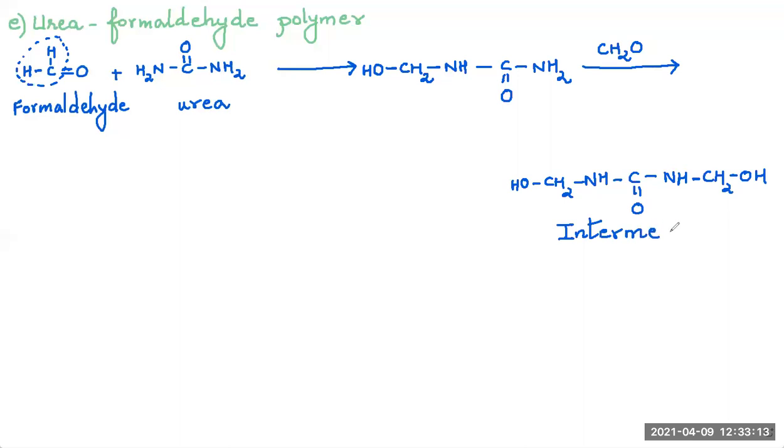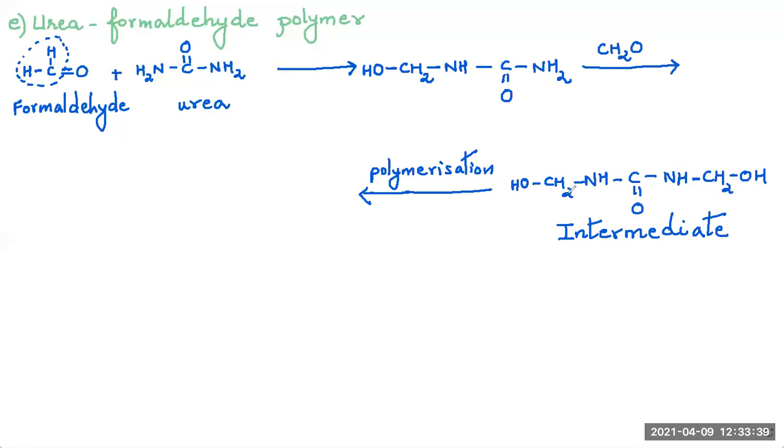Now, a polymer will not have one or two molecules, but it will have many molecules. So when we take n number of these molecules and we polymerize, then after polymerization, we get urea formaldehyde polymer.